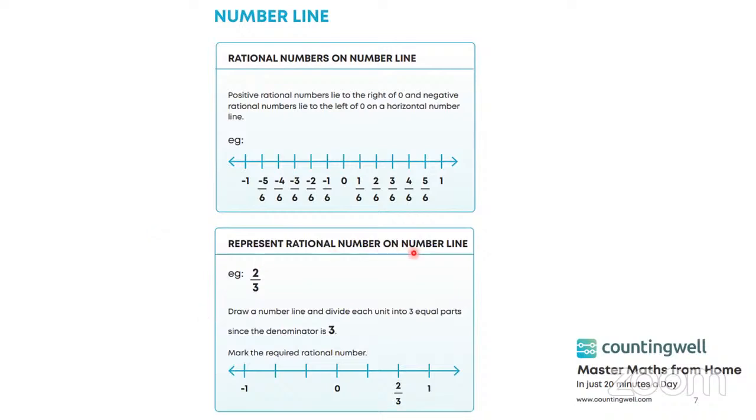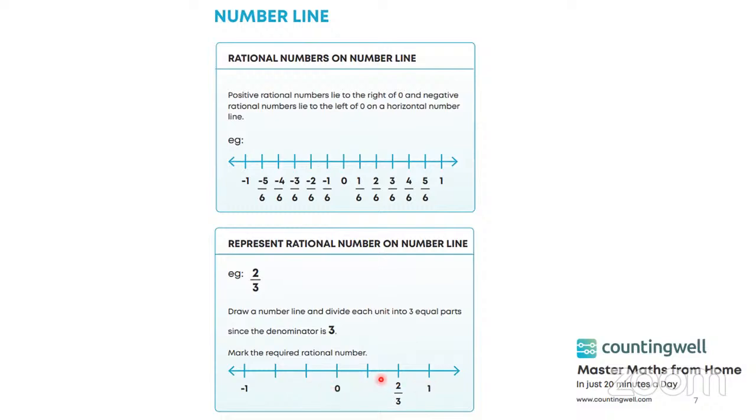Now, representing rational number on number line is as simple as shown here. If you want to represent, for example, a rational number 2 by 3, you'll first draw a number line and divide each unit into 3 equal parts. Here, unit means the distance between the number 0 and 1.